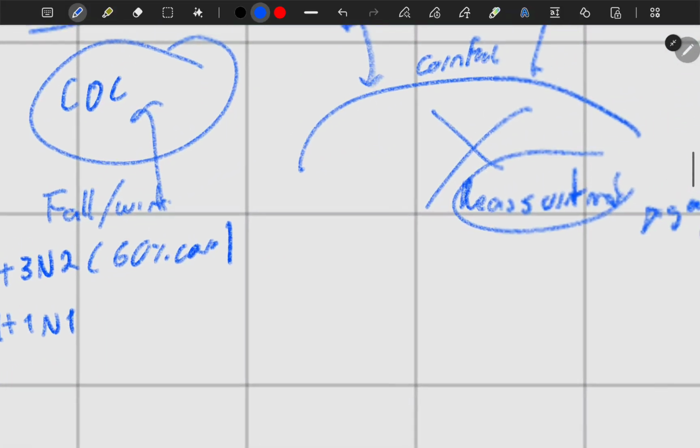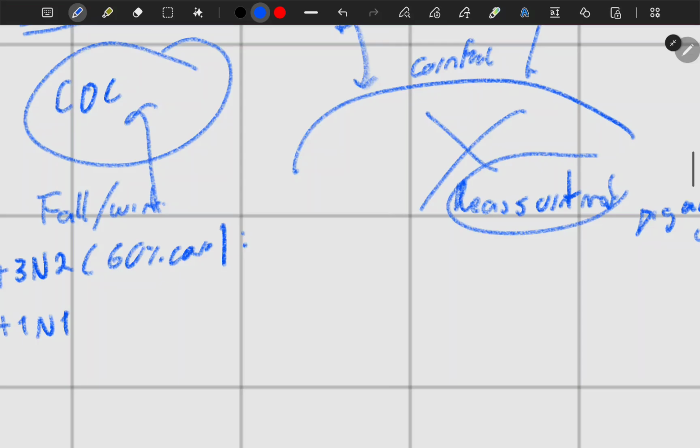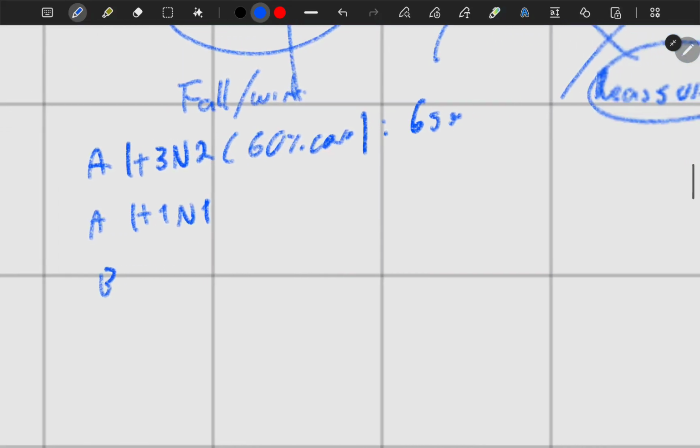H3N2 has a broad host range in humans and birds, and it's important because it's the dominant flu strain in America, causing severe disease in patients who are elderly, more than 65 years old, and those with chronic medical conditions. Then you have influenza A H1N1. This is 3% of cases.